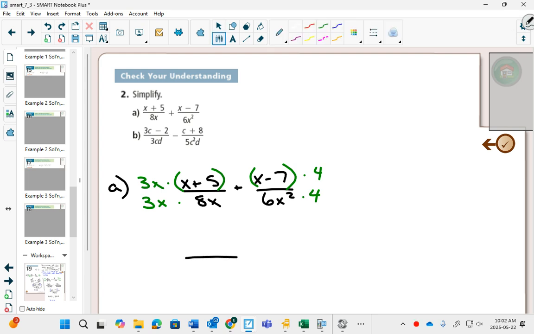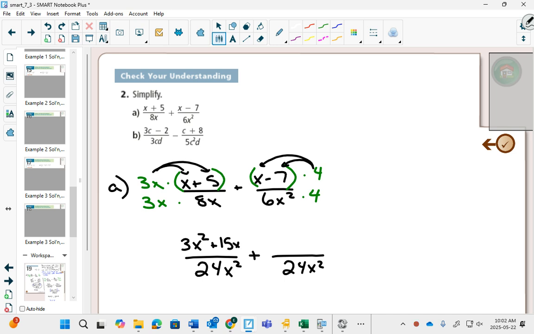Because I now have a common denominator of 24x squared and 24x squared. But when I multiply the 3x to the top, that 3x gets multiplied by that whole thing on the top, and we do have to distribute here, and we're going to have to distribute here. So when I distribute, I get 3x squared plus 15x.